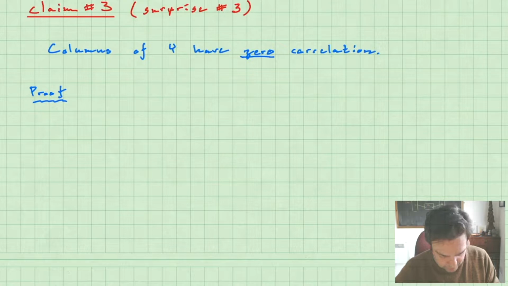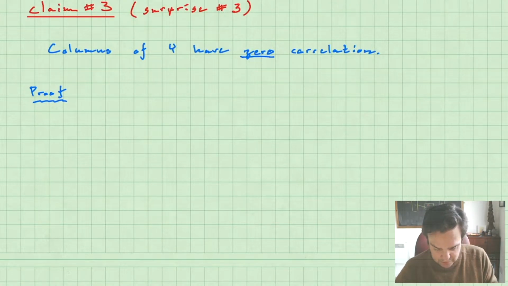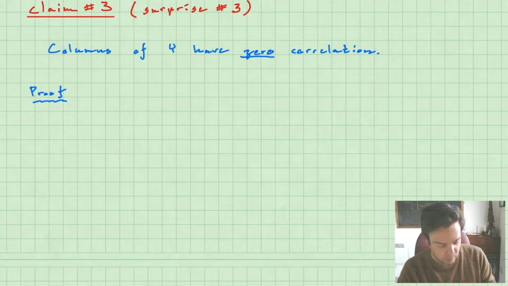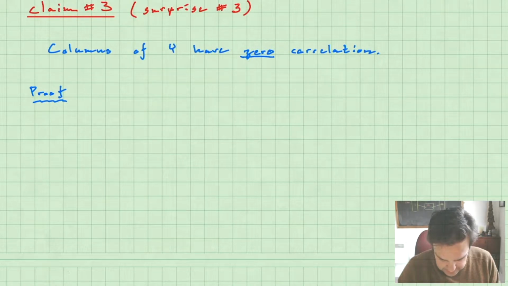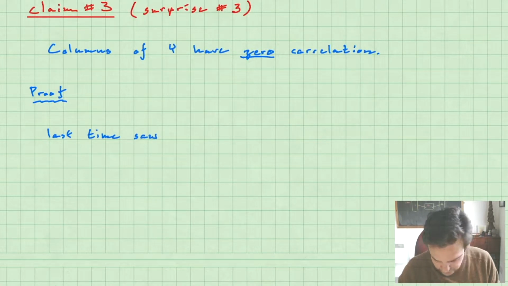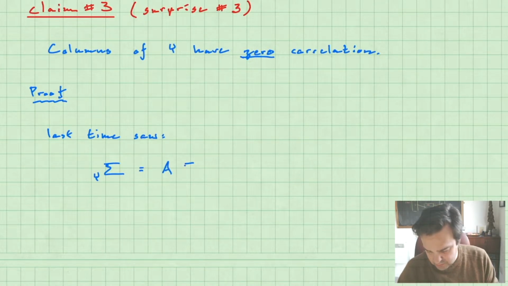Okay, so here's how the proof works. The idea is to show that the columns of Y have 0 correlation. And so in order to do that, we're going to want to look at the correlation matrix for Y, right? So last time we saw the following. We saw that the correlation matrix for Y could be written as A times sigma times A transpose.